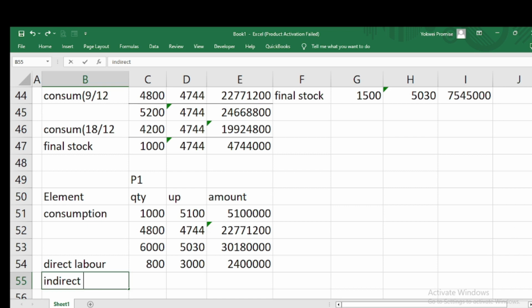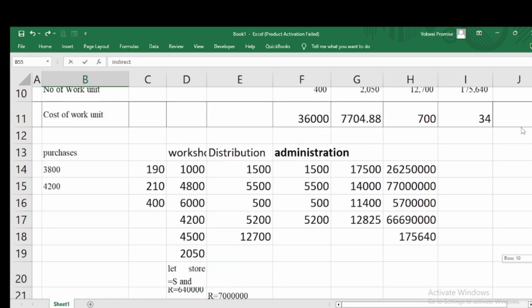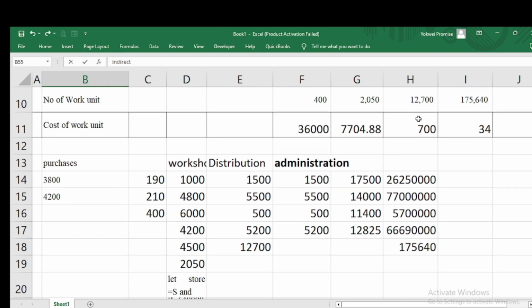The question is very lengthy, so we'll not go back to it. For the workshop, the 10,000, this and this, it gives us the figure for finished product P1, and this other one is for finished product P2.